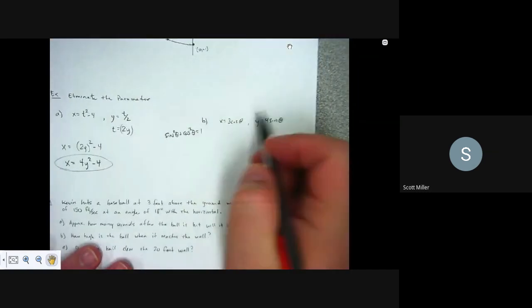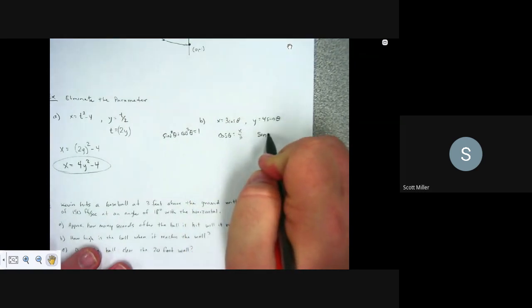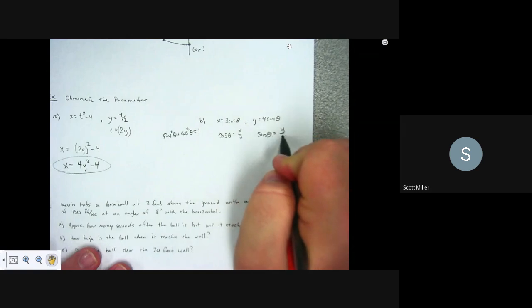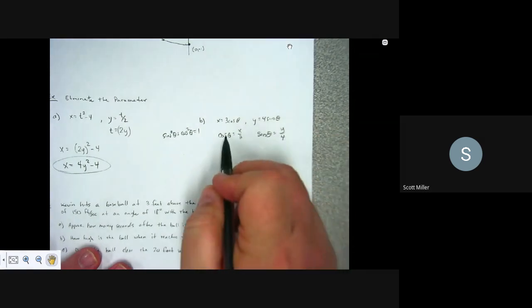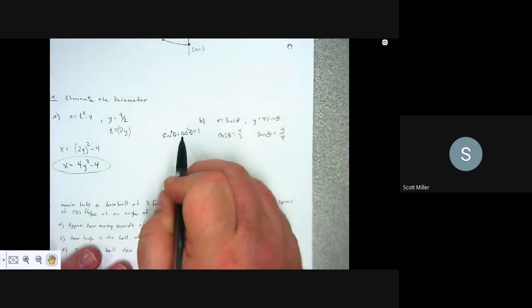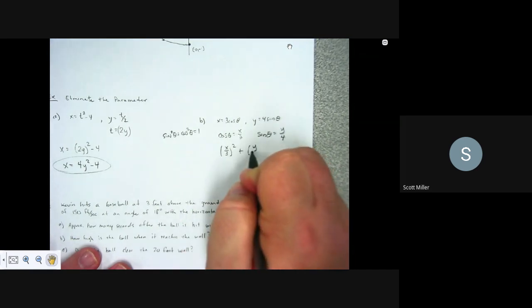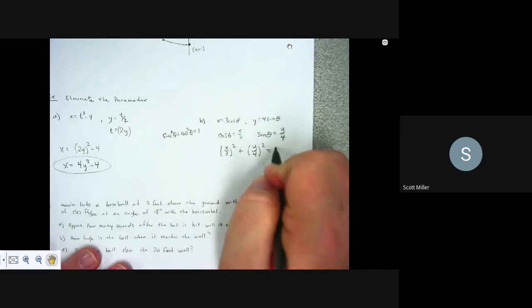And when I do that, I can take this equation and solve for cosine. I can solve this one for sine. And then I can take these and substitute it into that. So if sine squared plus cosine squared is 1, then x over 3 squared, y over 4 squared must equal 1.